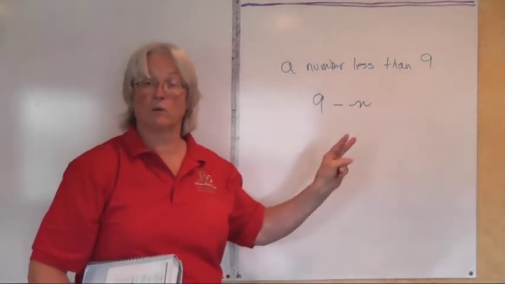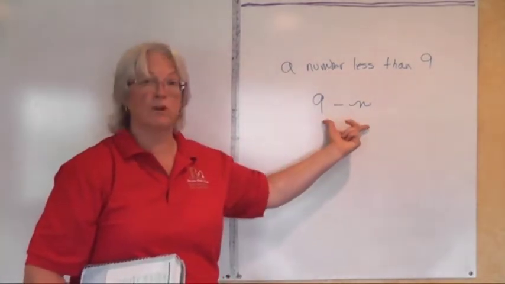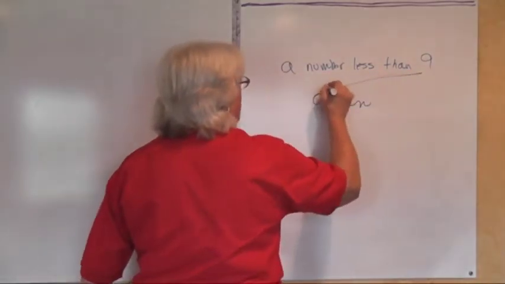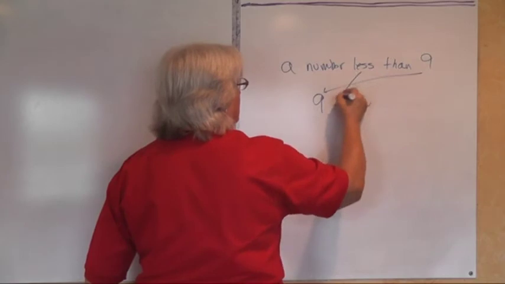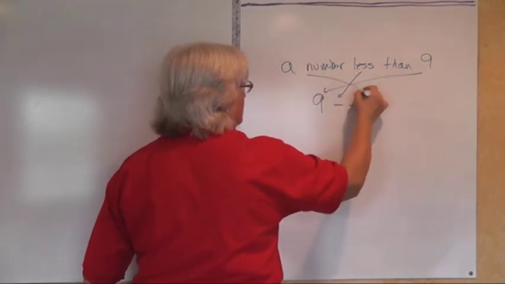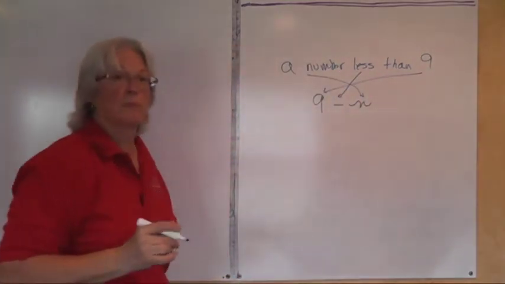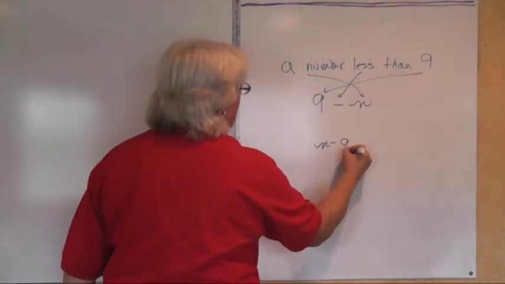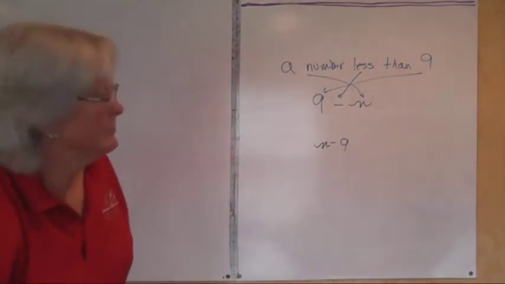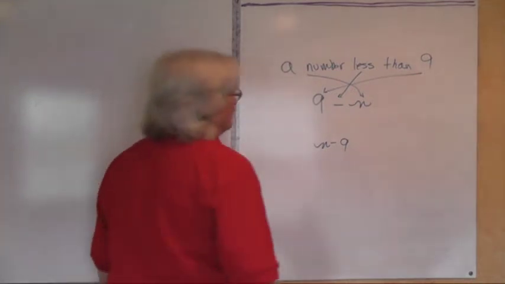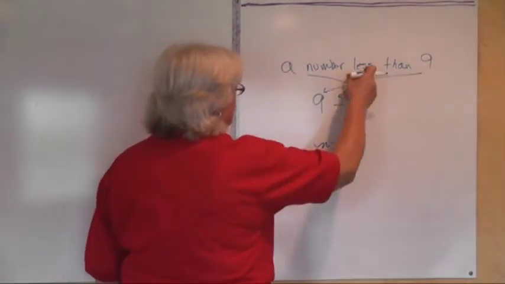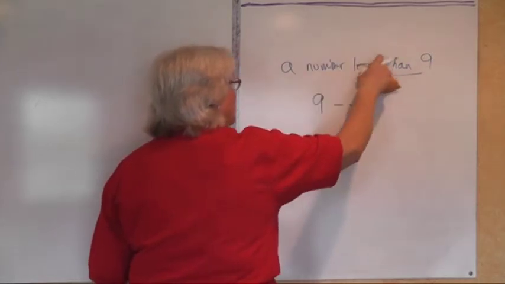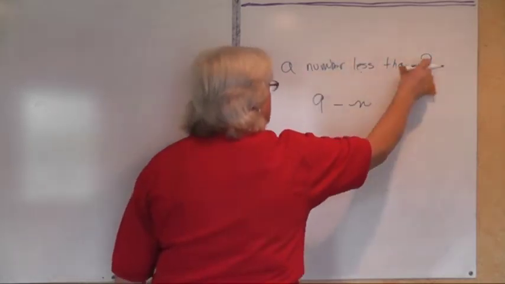Now, I told you that you could do 9 plus n, n plus 9. That addition, the order doesn't matter, even though I really want you to be very specific about what you write. So what I have here is 9 less than a number. What if I switch it around and say 9 minus n? Well, you may be thinking, Miss Betsy, I don't see a whole lot of difference in that. Well, let me illustrate the difference.